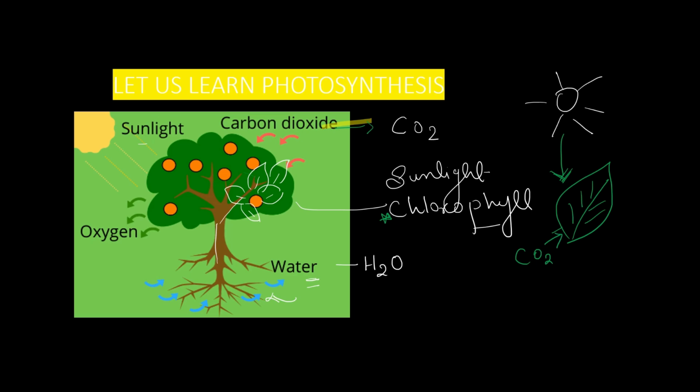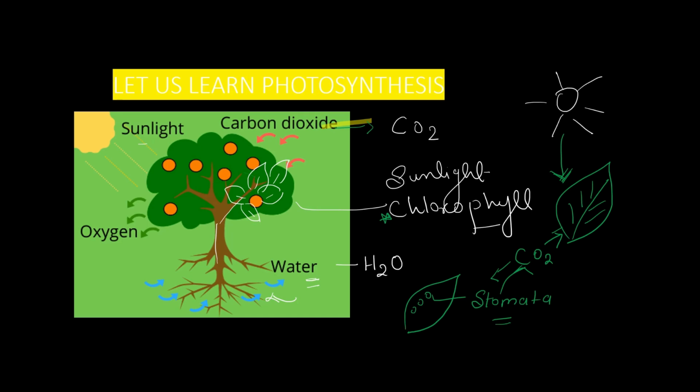But how? This carbon dioxide is absorbed by small pores present at the back side of the leaf, which are called stomata. So stomata absorb carbon dioxide and also trap sunlight.